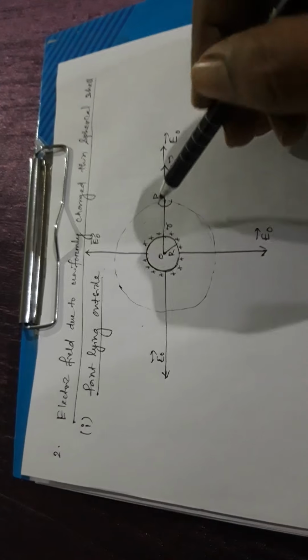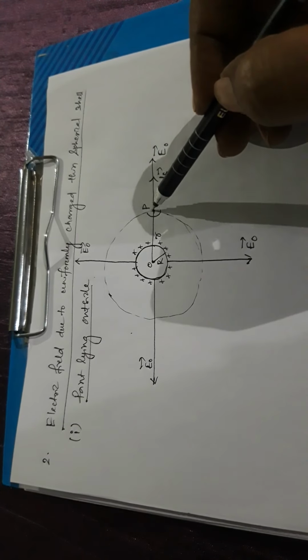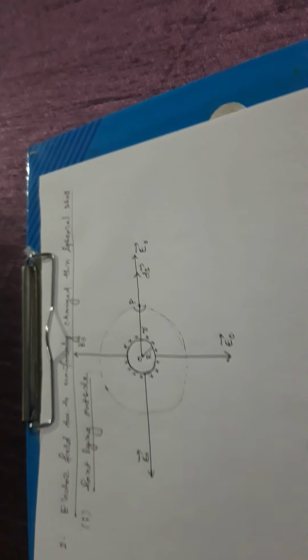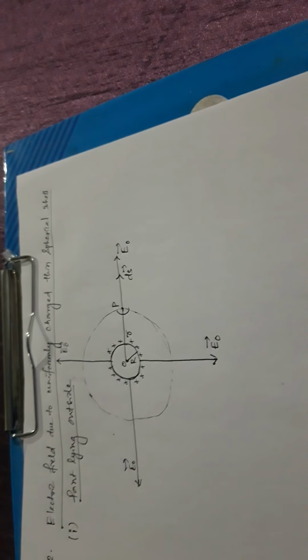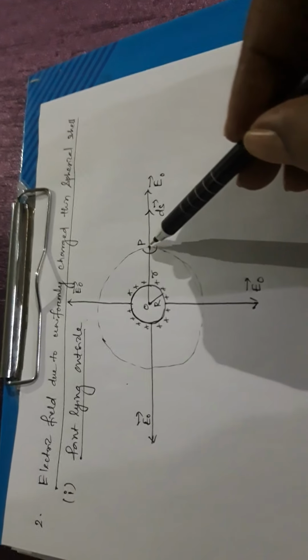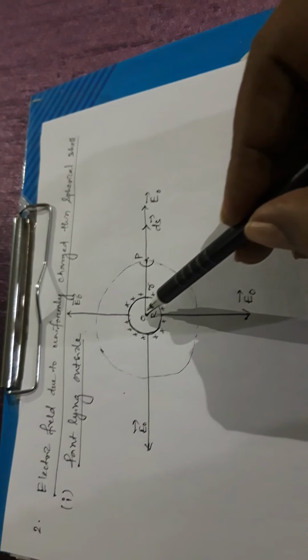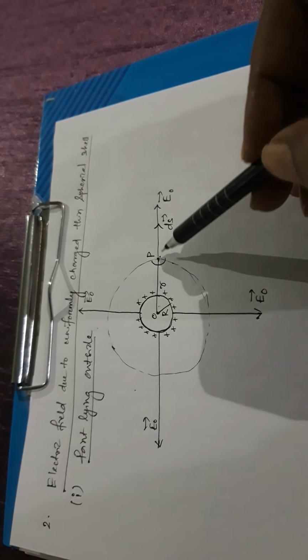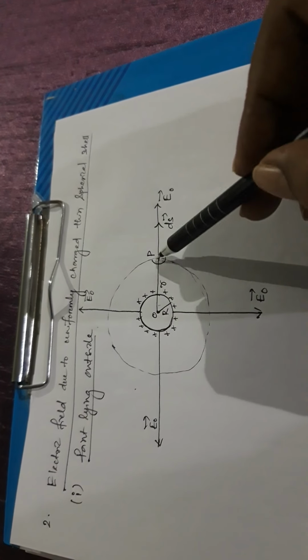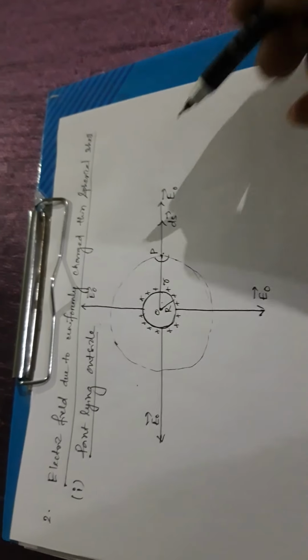Clear? Fine. Now here you see, this is the spherical surface and P is the point of observation for calculation of electric field strength due to this thin spherical cell, and the point P is situated at a distance small r from the center of the thin spherical cell.